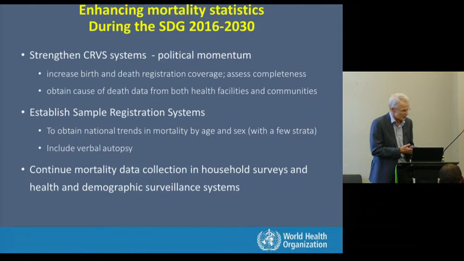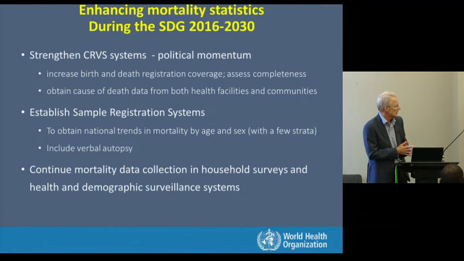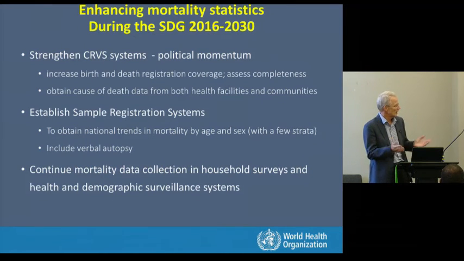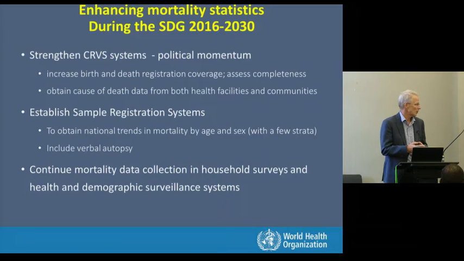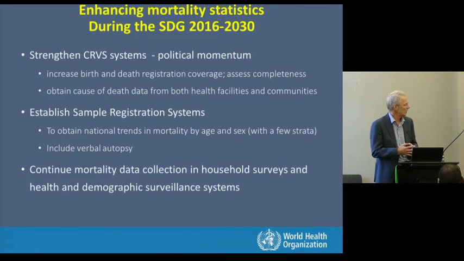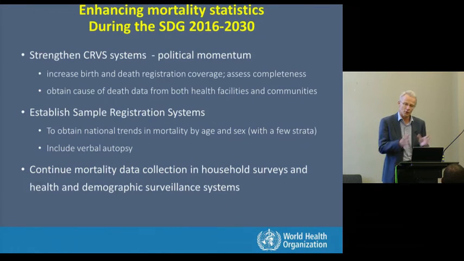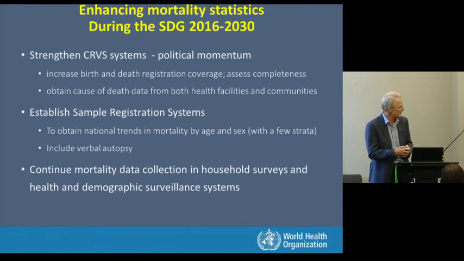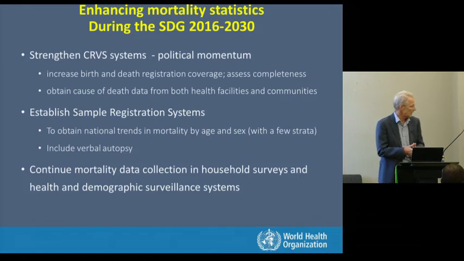Establish a sample registration system, as I mentioned, because one gets national trends and one can have a few strata. Obviously, one can't have it for every province or even smaller units, but one could have meaningful strata and include verbal autopsy in there. And I think it's a question whether it should be everywhere or not, because obviously it adds significantly to the effort.